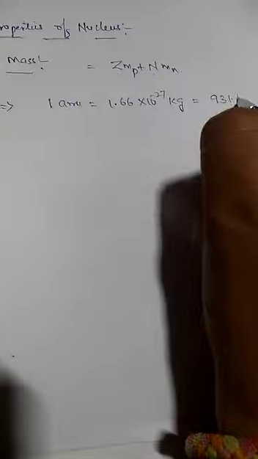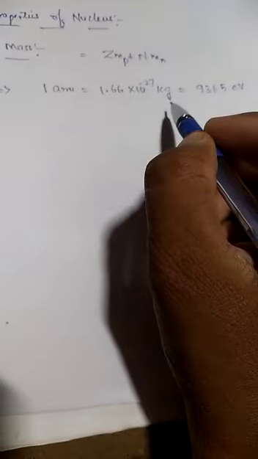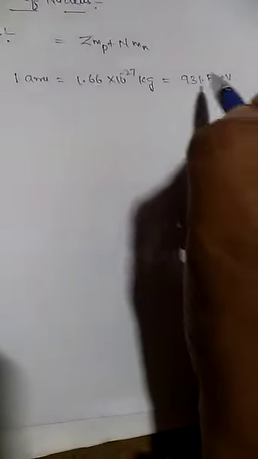Mass is converted to energy, so that is equal to 931.5 MeV. Okay, so 1 AMU is equal to 1.66 × 10^-27 kg in terms of mass, and in terms of energy that is equal to 931.5 MeV. So this is the nuclear mass.